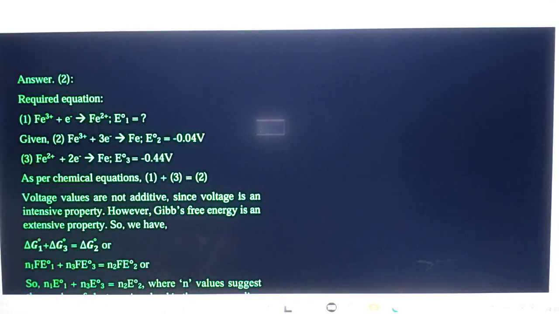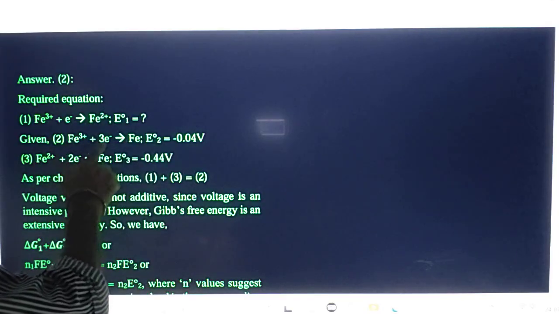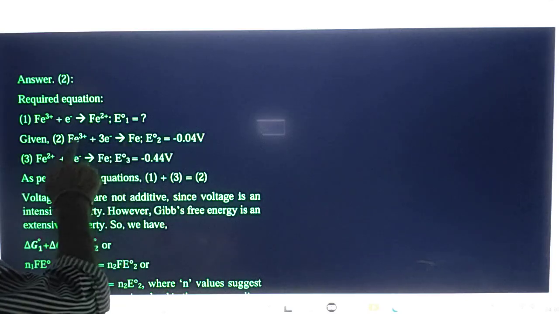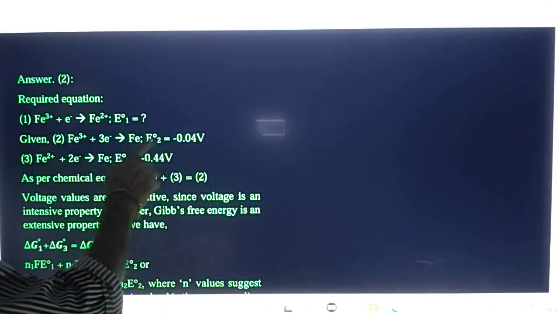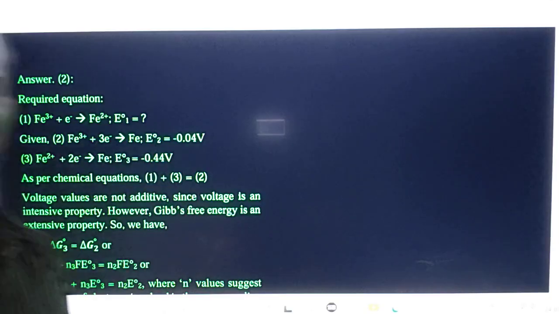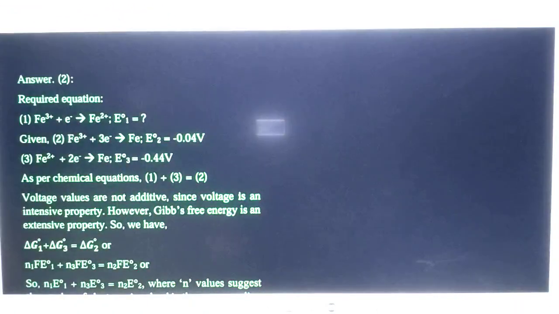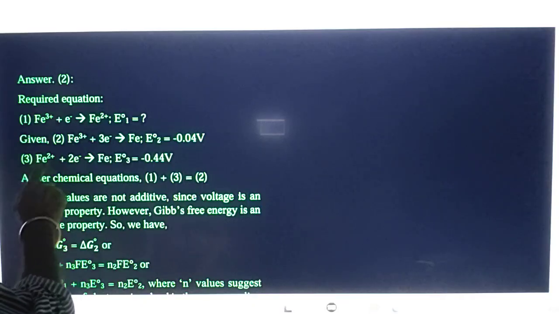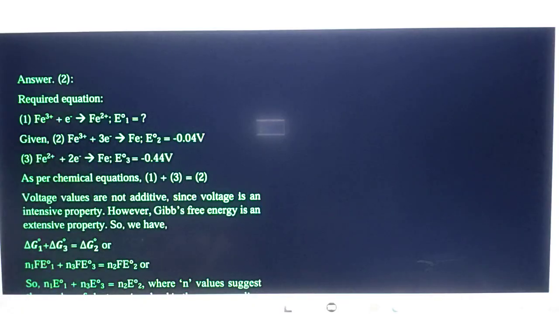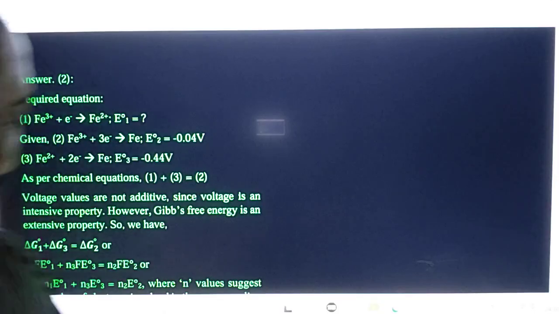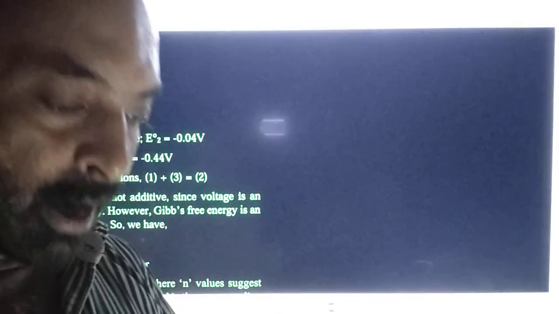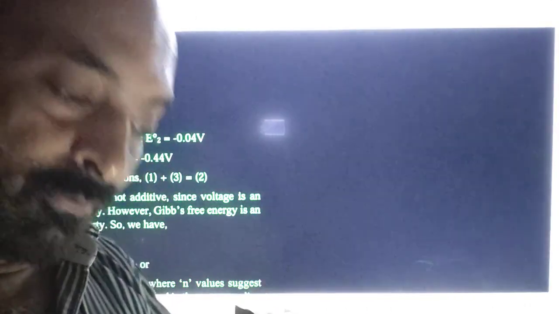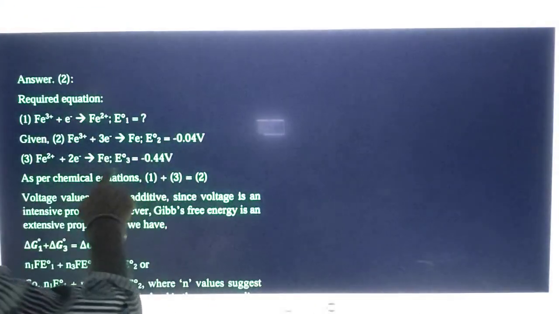What are the given equations? Fe3+ + 3e- giving Fe, ferric ion becoming iron atom. Its voltage is given as minus 0.04 volt. And the next equation given is Fe2+ + 2e- giving Fe. The two given equations are ferric ion becoming iron atom and ferrous ion becoming iron atom. The voltage of both are given.